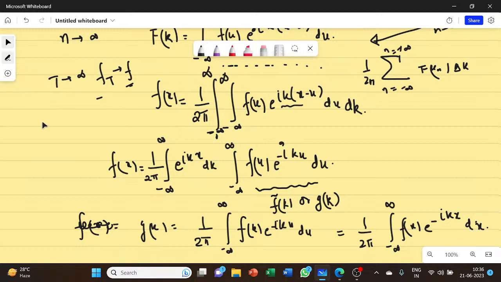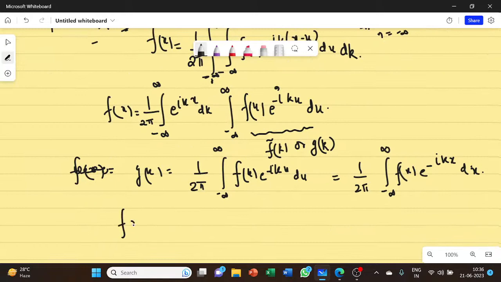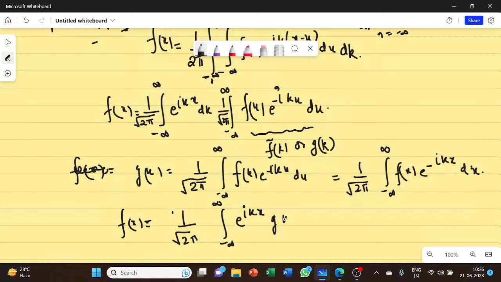Or I can also write that my f of x is simply, if I've taken 1 upon 2 pi here, you just write 1 upon root 2 pi here and 1 upon root 2 pi here, just for symmetric reasons. So f of x will be simply 1 upon root 2 pi integration from minus infinity to plus infinity e to the power iota kx gk dk.